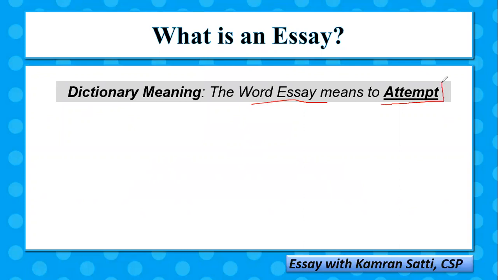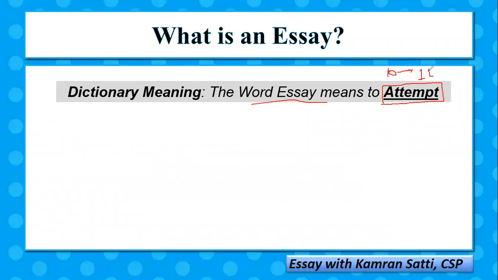Now in the context of CSS, it means that the examiner or FPSC gives you 10 topics in the paper, and you have to make an attempt to elaborate on or write about one topic.